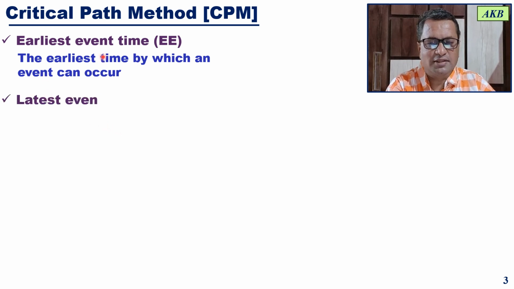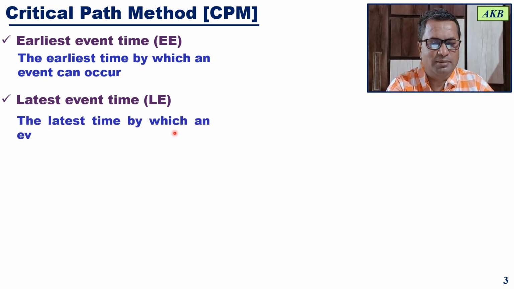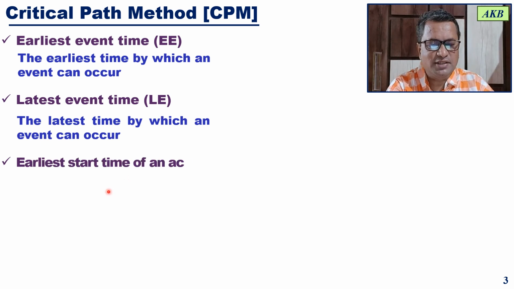So like earliest event time, you also have latest event time, which we will be abbreviating as LE. And if you refer to our definition for earliest event time, you can easily write information about latest event time. So what is this? The latest time by which an event can occur. So that is latest event time. Then you have earliest start time of an activity, which we will be abbreviating as ESA.